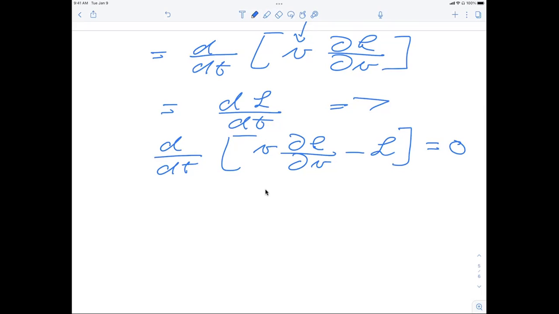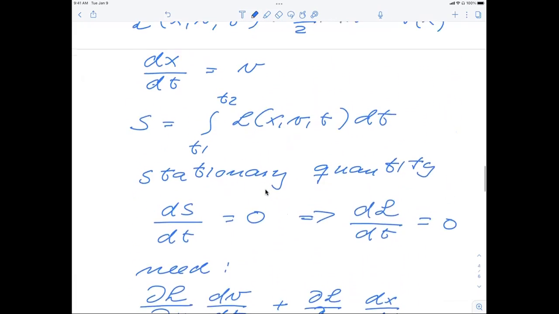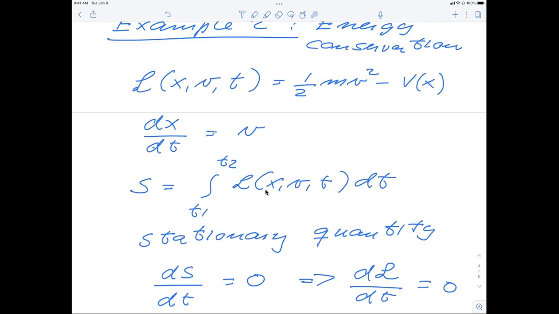If we go back a little bit, we made an assumption that there is no dependence on velocity, no v or t dependence. This is an important constraint which we put on the potential energy.